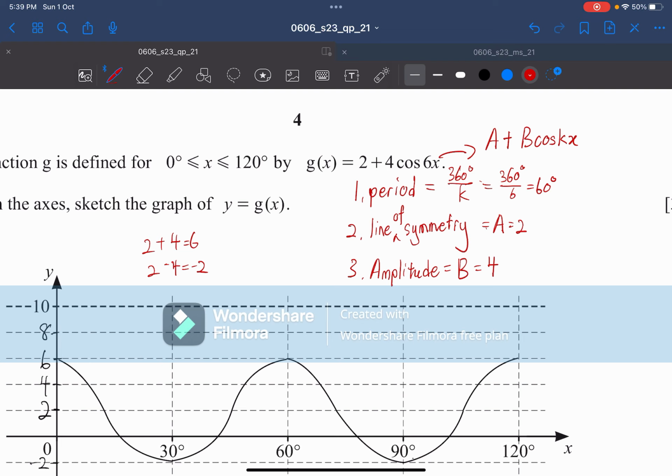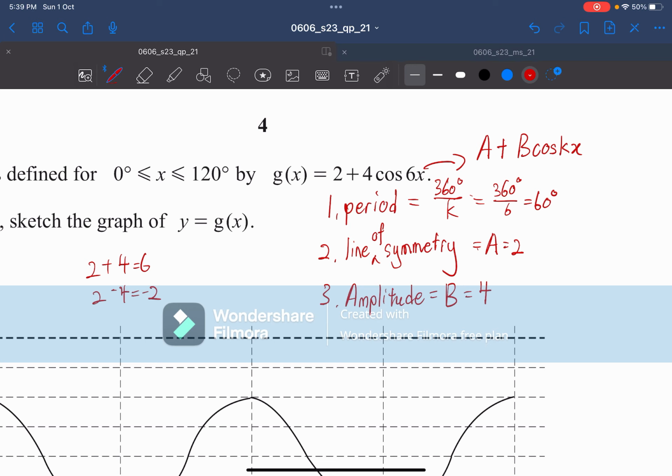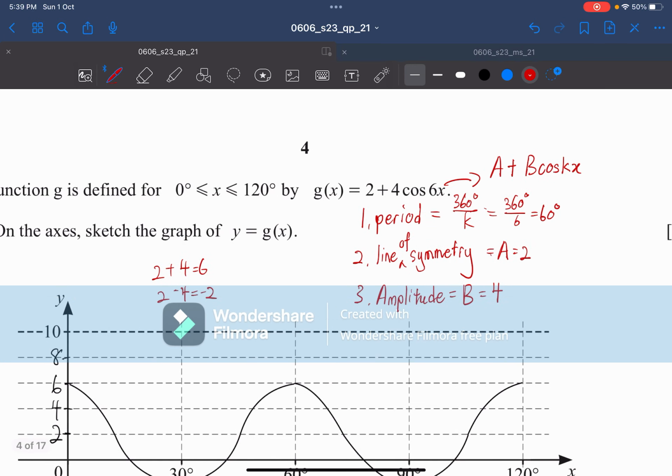So the first thing I found is the period, and the period can be found by 360 degrees divided by k, where k is, in this case, 6. I wrote it here in this form, so you just need to reference it from here. And the reason why we divide by 6 is because what was originally a cos x graph has now been stretched to give cos 6x.